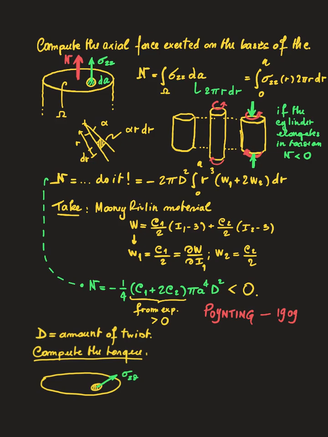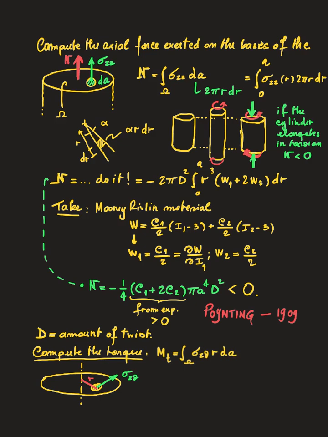So if you have this component of the Cauchy stress, to compute the torque, I don't want to spend too much time on a topic that you may have already seen in other courses, the definition of a torque. But let's say if this is a distance r, then the torque m, which is of course a vector along the axis, but it's a scalar component, would be computed as the integral over the upper surface of the elementary force sigma z theta times r dA.